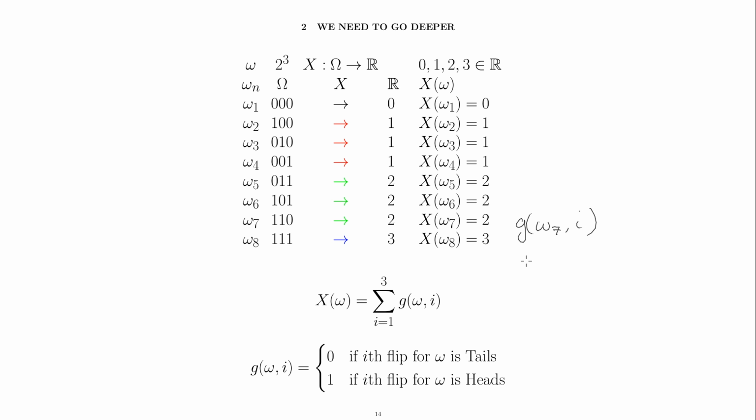And for omega 7, when i equals 0, this is this element here, g of omega 7 of 0 is equal to 1. g of omega 7 of 1, here, is equal to 1, again because we're saying this is another heads. g of omega 7 of 2, or sorry, 0 indexing, this is 1, this is 2, and g of omega 7 of 3, for the third flip here, we know we got tails, so this is 0.